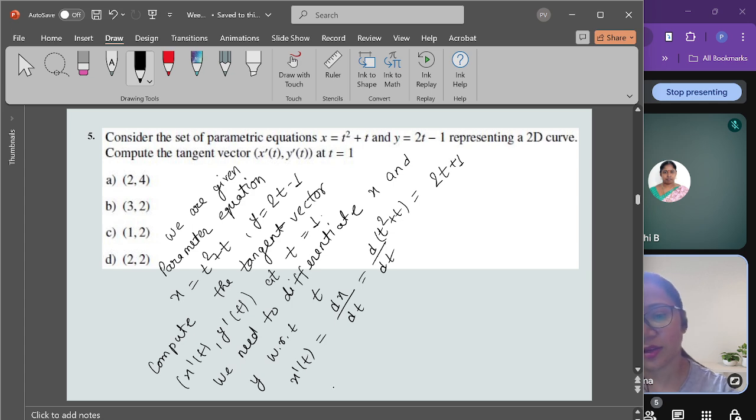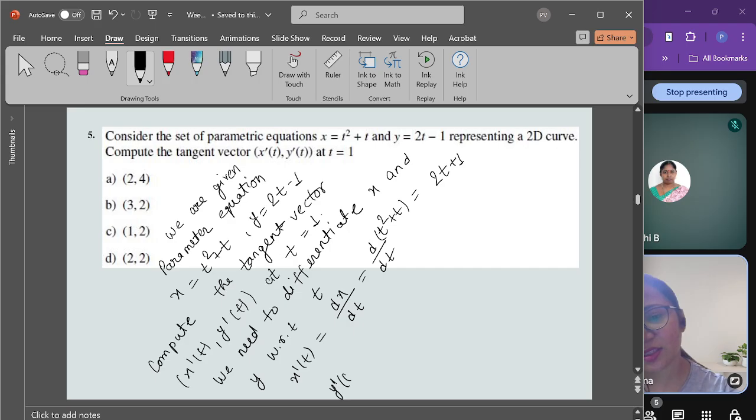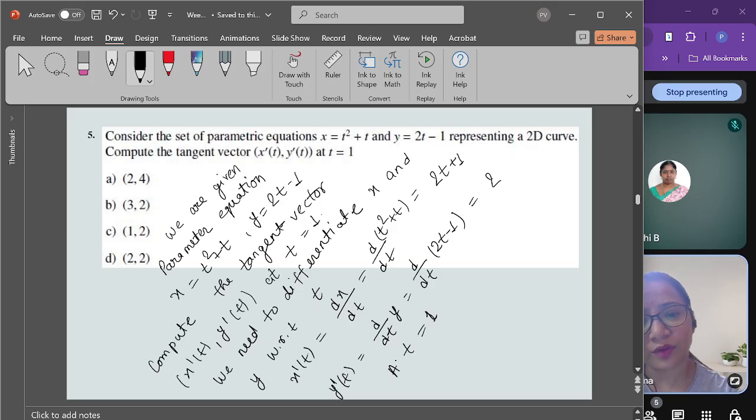Similarly, y dash t is d by dt of y, so d by dt of 2t minus 1. Here you will get 2 only, right? Now we find the value at t is equal to 1.